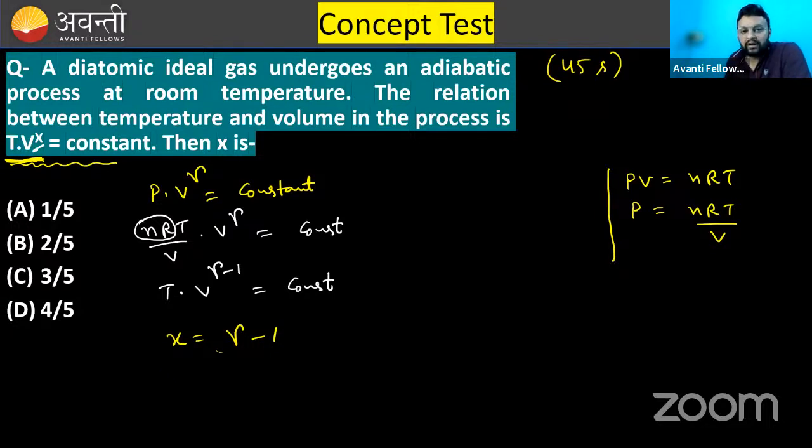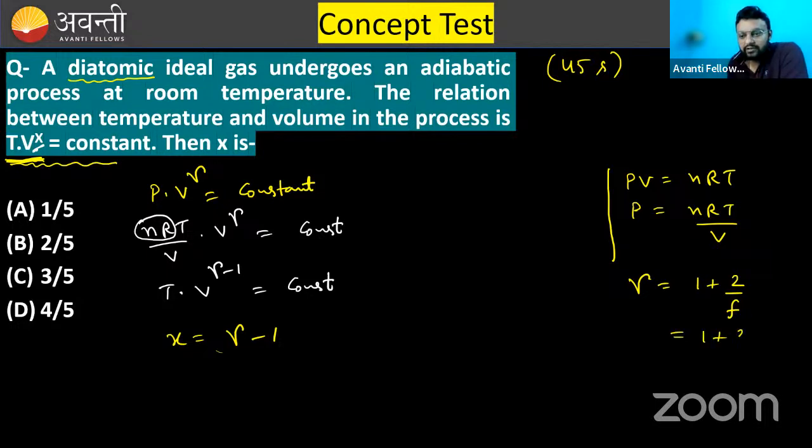Can you remember? What is the value of gamma for diatomic gas? If you don't know, I will tell you, gamma is equal to 1 plus 2 by F. And for diatomic gas, F is what? 5.